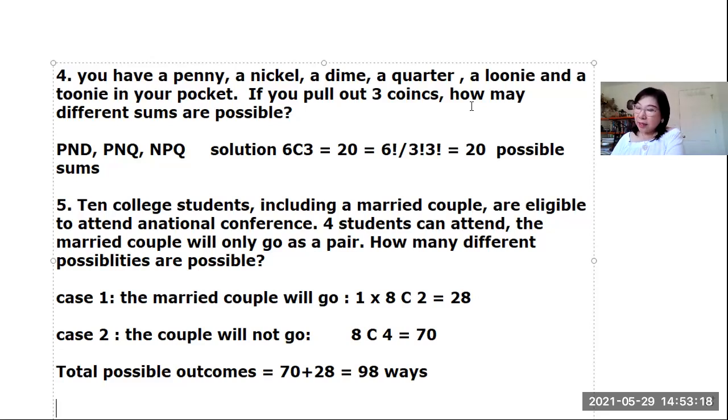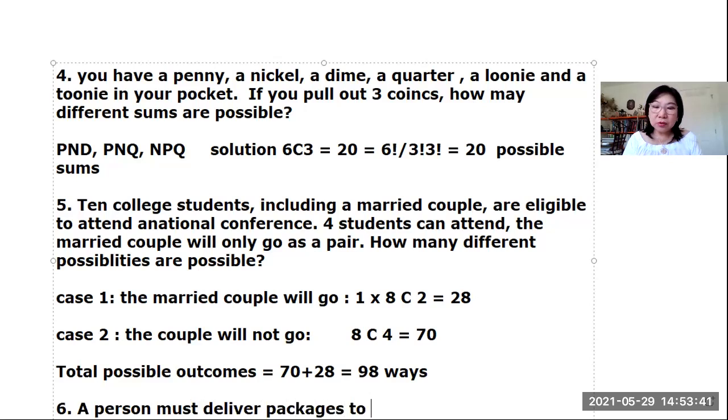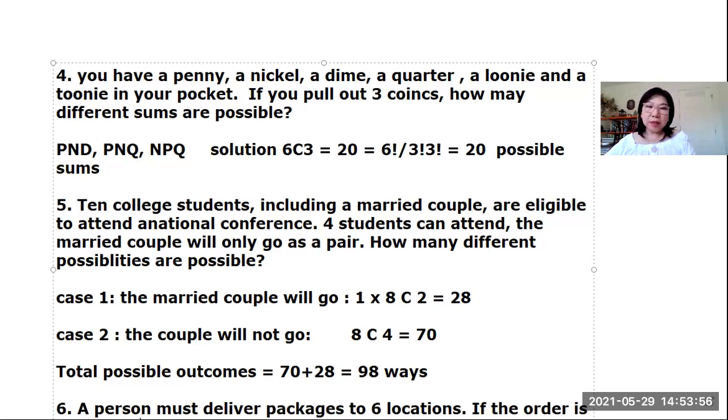Question 6 says, a person must deliver packages to 6 different locations. I don't know why I cannot move it down.